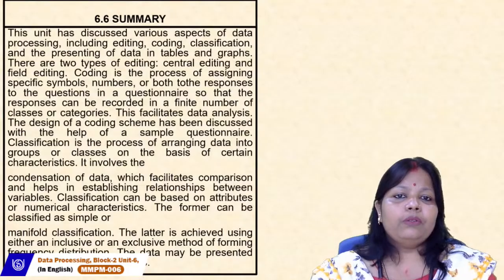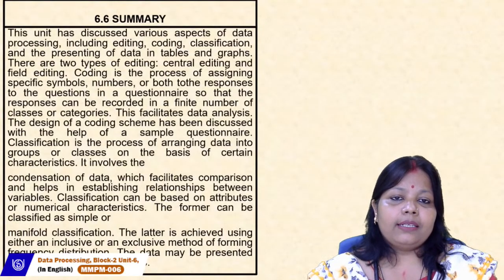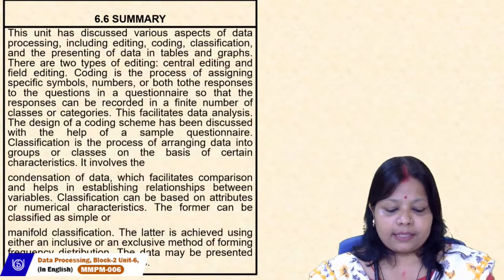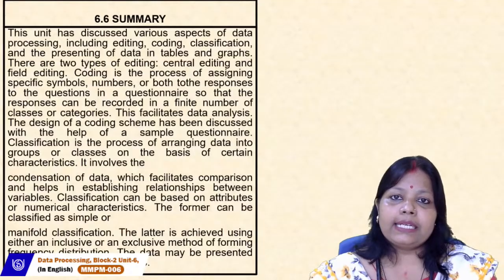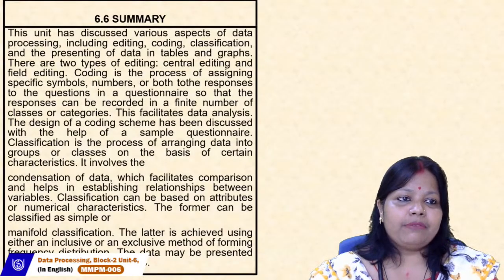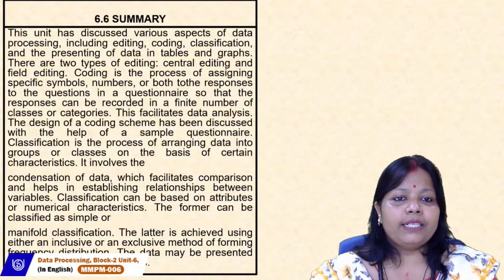So that was all about data coding and processing. Under data processing, we discussed three things: editing, coding, and classification. We have also discussed various aspects of data processing, including editing, coding, classification, and the presentation of data in tables and graphs.